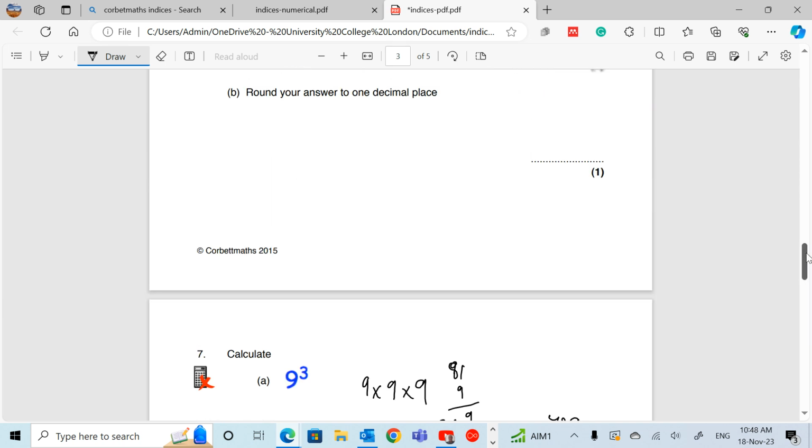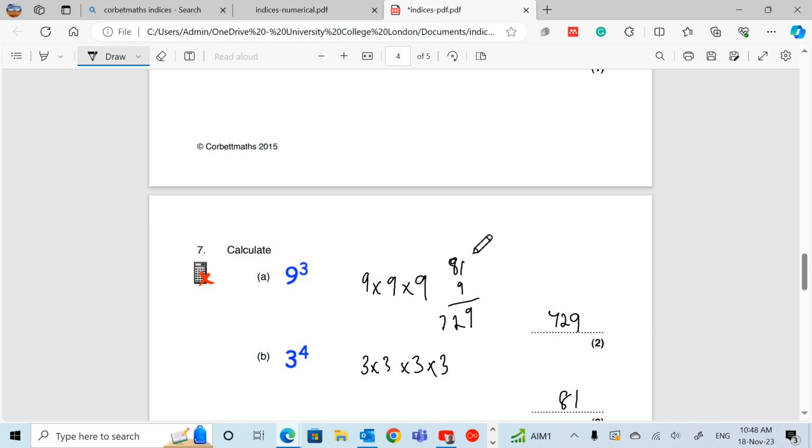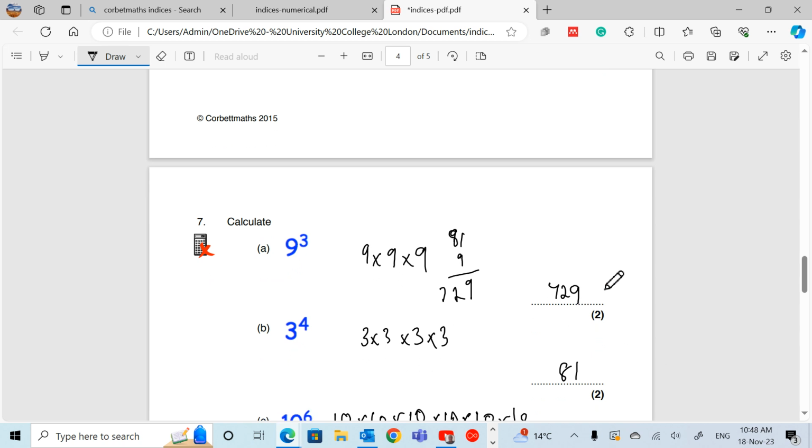And just to reiterate, the first one, 9 to the power of 3: 9 times 9 is 81, and 81 times 9 is 729. You just do a long multiplication there. 1 times 9 is 9, and 8 times 9 is 72, so you should get the answer of 729.